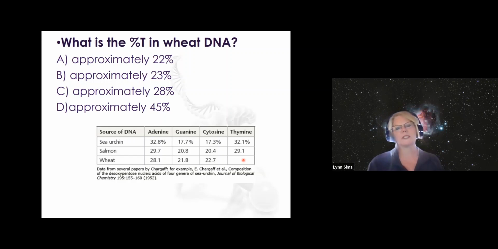We'll wait till about 2 minutes. So again, you want to find the percent of thymine in wheat DNA. It's basically this spot that's missing right here. You just want to find the number that should go there.